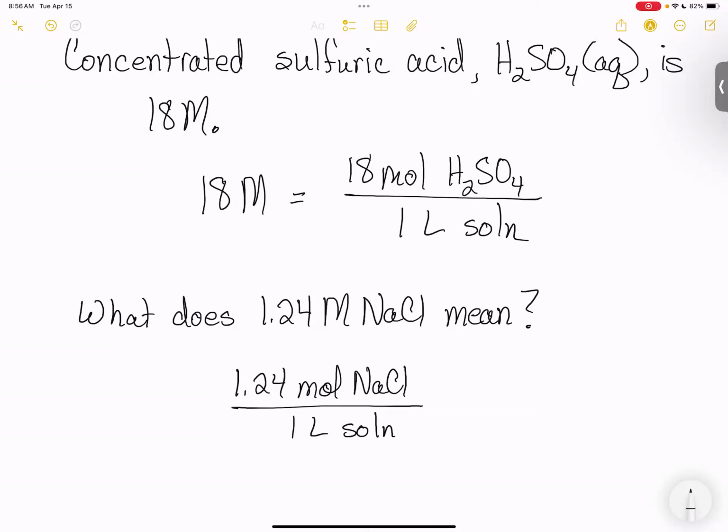But the second reason is that by taking molarity and breaking it into its individual units, you created a conversion factor that allows you to go between moles of something and volume of its solution.